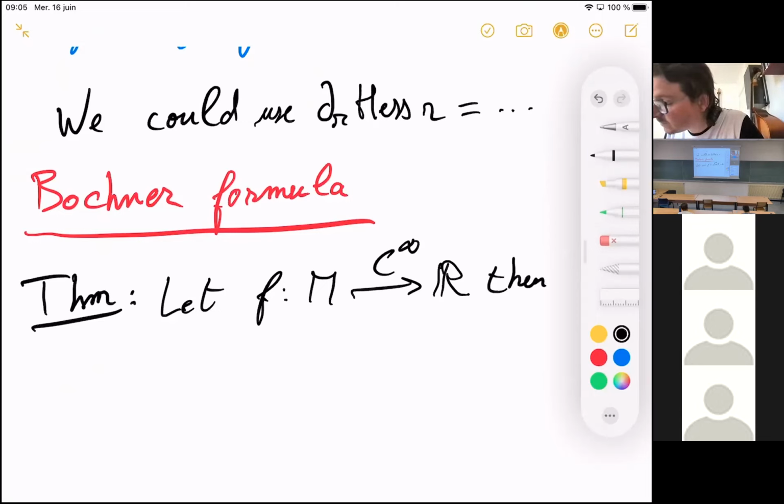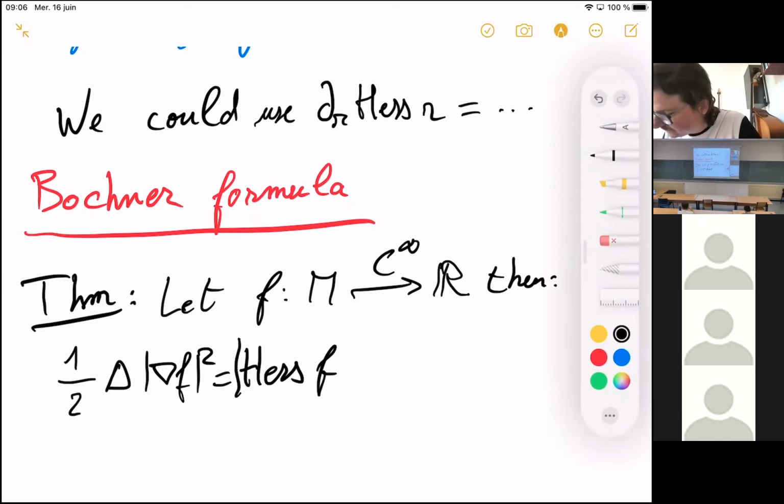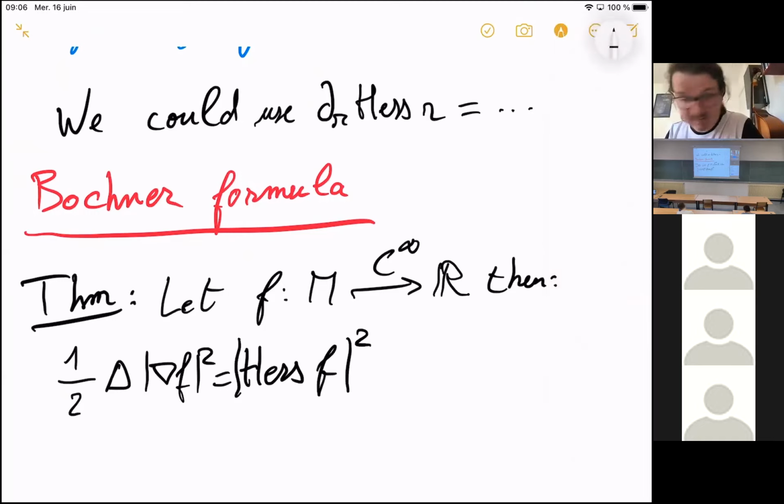Then it tells you how to compute the Laplacian of the gradient squared of any function, and you can get the Laplacian of the gradient afterwards if you want. This is given by the following formula: the Hessian of f squared plus the inner product of the gradient of f and the gradient of the Laplacian of f.